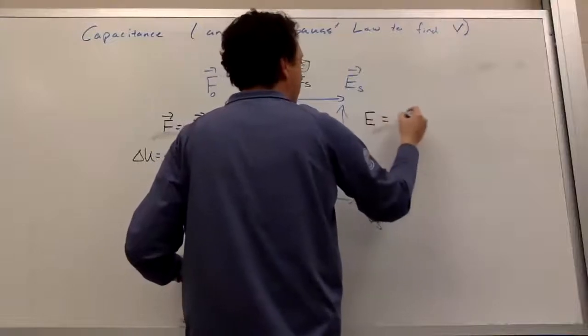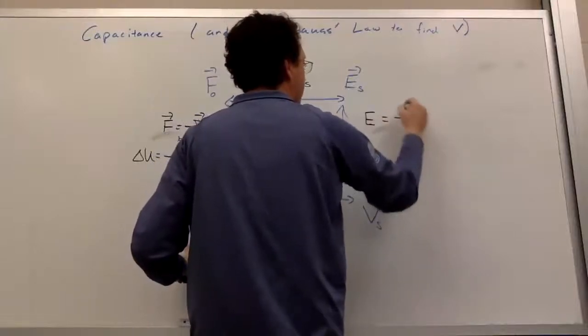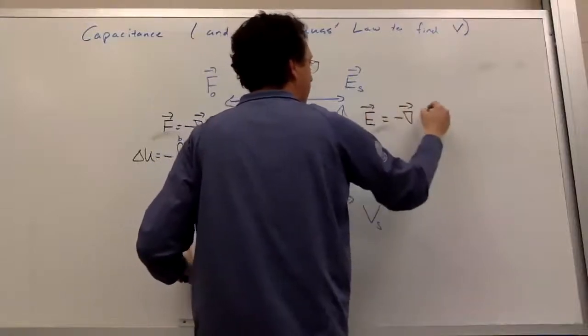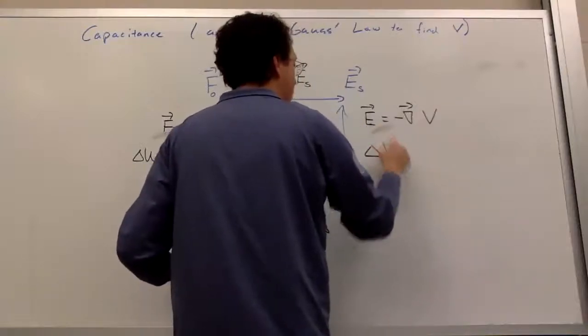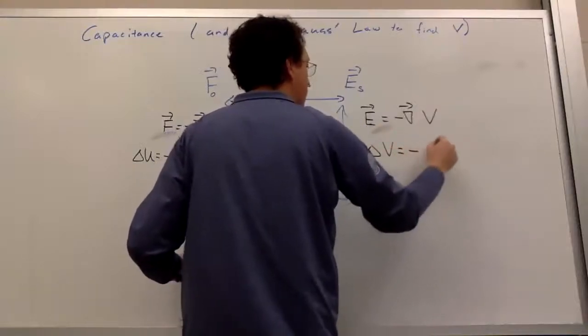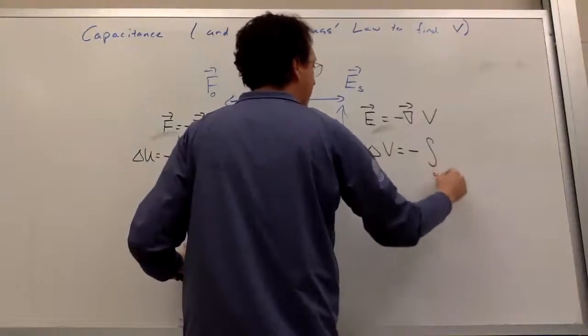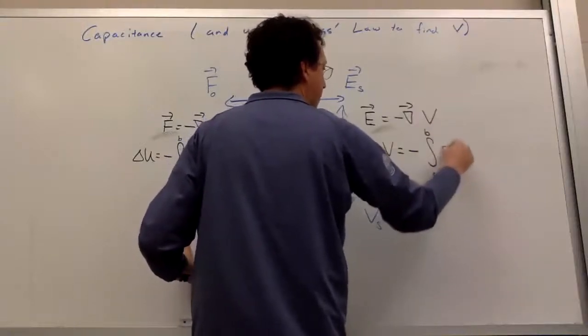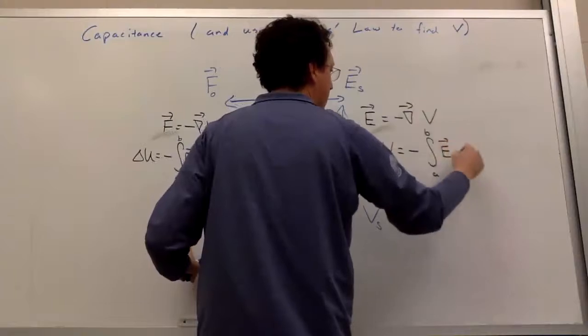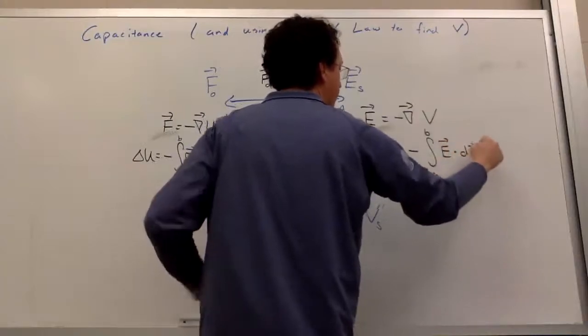It's going to equal minus the gradient of the electric potential, or the change in electric potential equals minus the integral from A to B of the electric field dotted with dr.